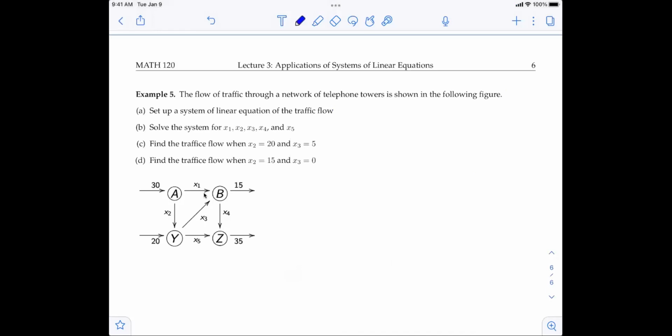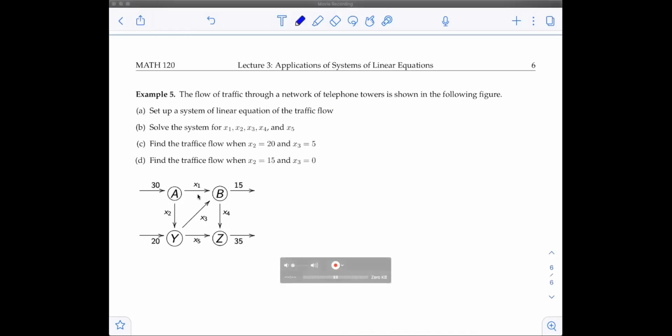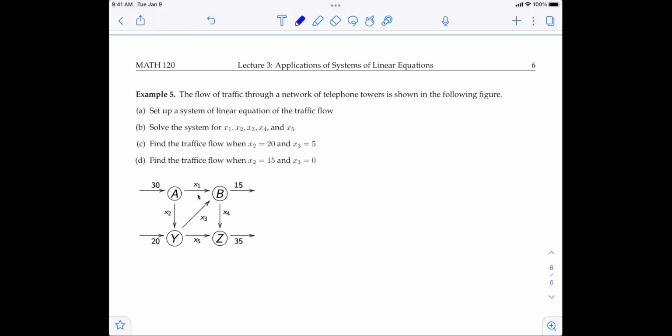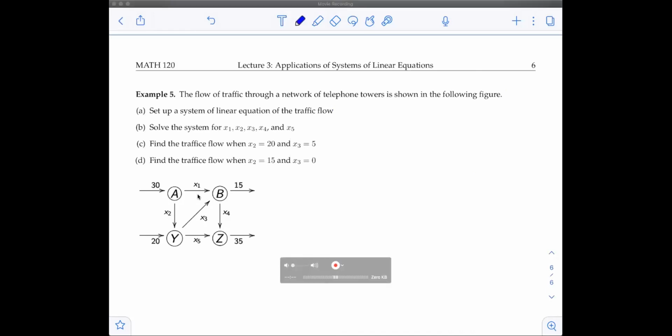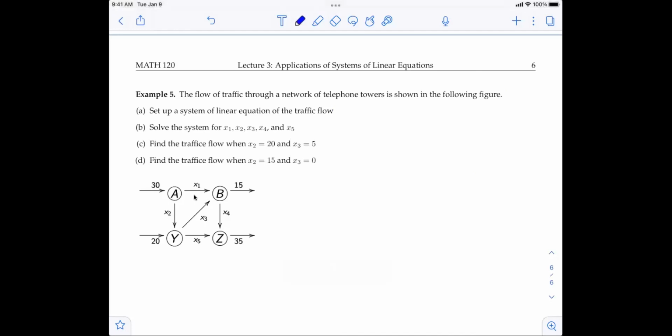The second one is to solve the system for x1 up to x5. Then we're going to find the traffic flow when x2 is equal to 20 and x3 equal to 5, as well as in the fourth part, find the traffic flow when x2 is equal to 15 and x3 is equal to 0.